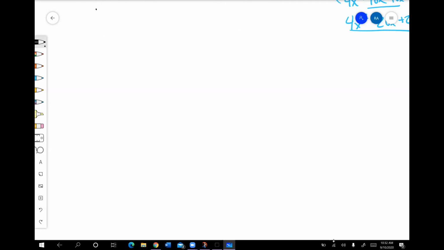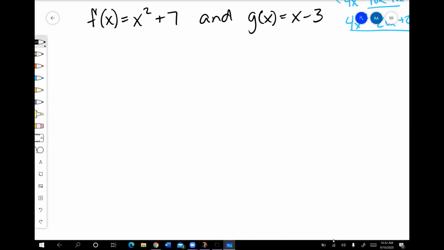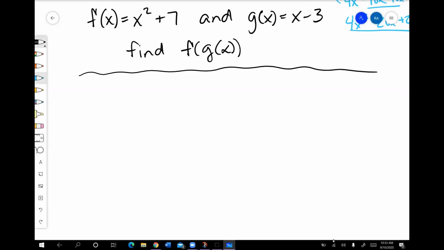Let's do this one. f of x equals x squared plus 7 and g of x equals x minus 3, and I want to find f of g of x. Okay? Alright, so it's already written the way I want it to be written. So it is telling me that I want to take g of x and I want to substitute it in to f of x.